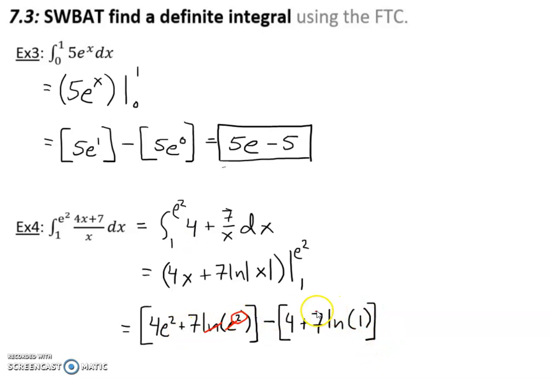And natural log of 1, you might know, is 0, so that all just disappears. So to simplify this a little bit, we have 4e squared plus 7 times 2, so that's plus 14, and then minus 4 because all that disappears. So to finish up, our answer is going to be 4e squared plus 10.